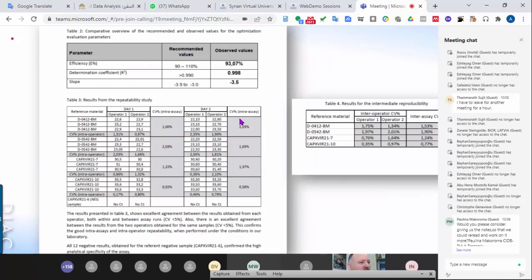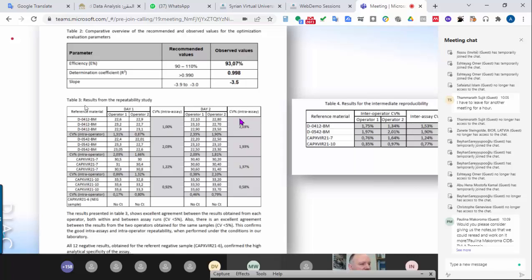Then you should include the data obtained by the machine for the efficacy of your PCR, the determination coefficient, and slope as well. And as you can see here on this graph, all the parameters are within the recommended values, so it passed the acceptance criteria.